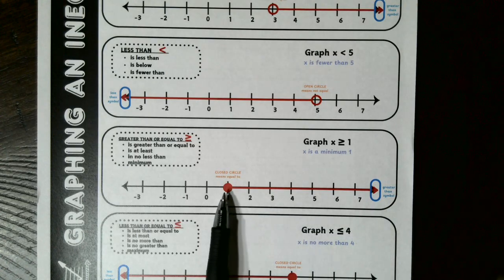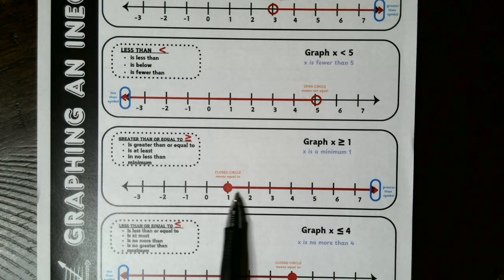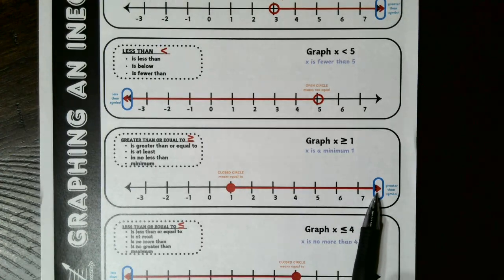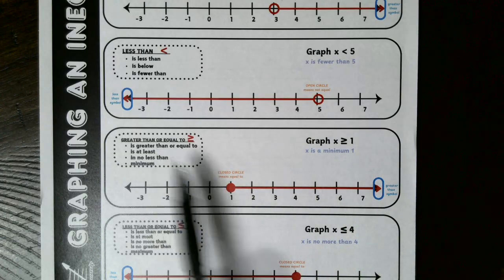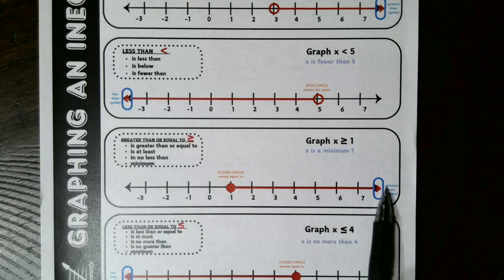I have no idea. It could be anything 1 or higher. So I closed up my circle on the 1, and then I am putting my arrow going up on the number line because it is greater than. And then again, here's my greater than symbol to help me remember that I'm going in the right direction.